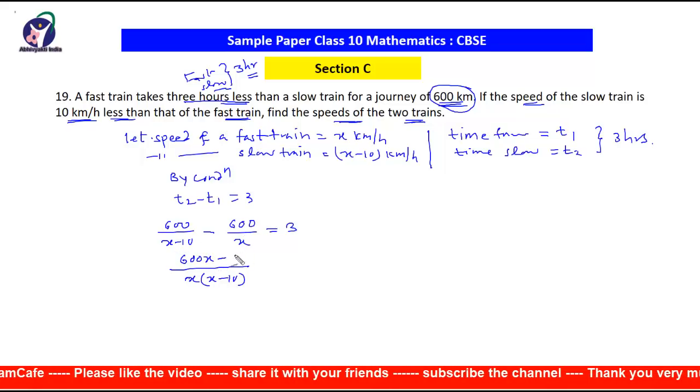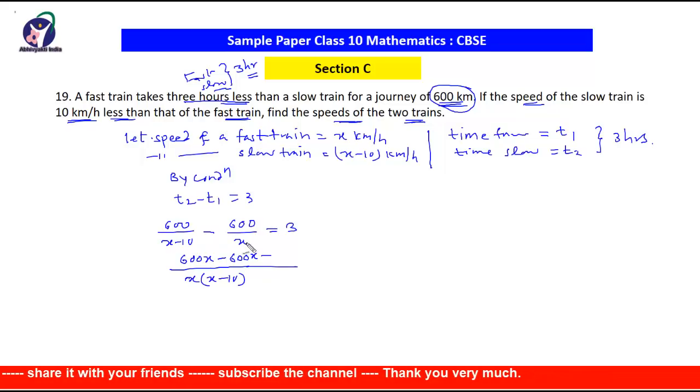multiply 600 to both of these terms, so it will be 600x minus, because this is minus and this is minus, this will become plus, so 600 into 10, that will be 6000, which is equal to 3.